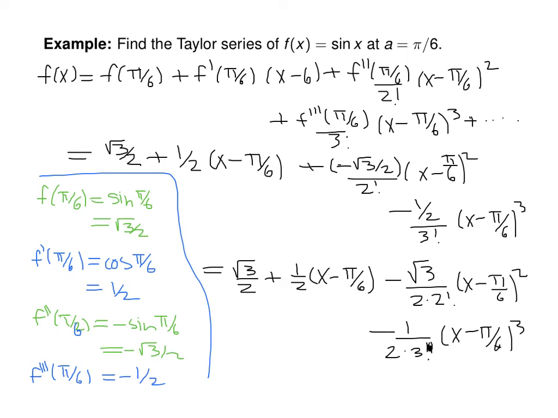This pattern is going to flip-flop. So the next term will be positive root 3 over 2 times 4 factorial times x minus pi over 6 to the 4th. That shows the pattern continues.